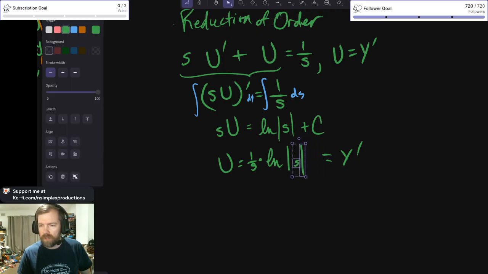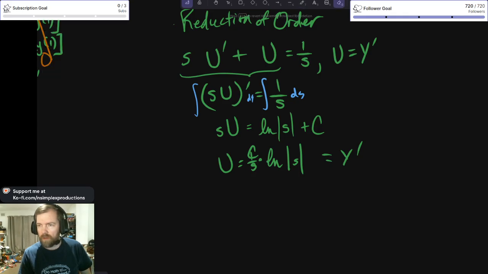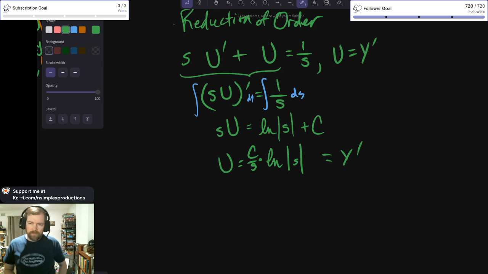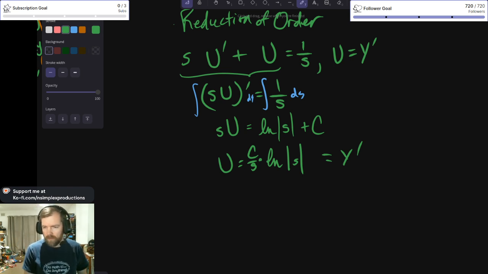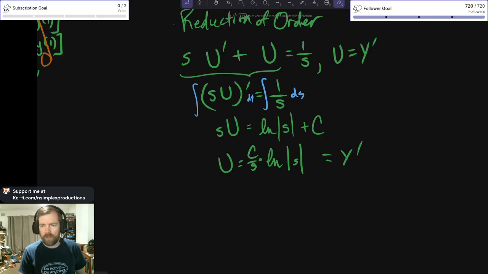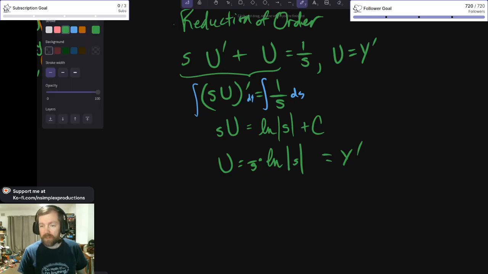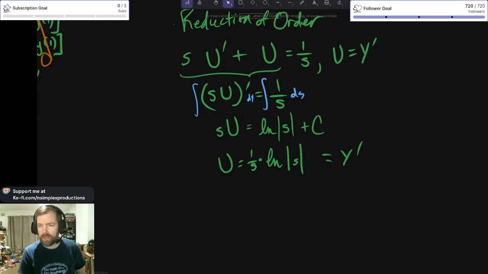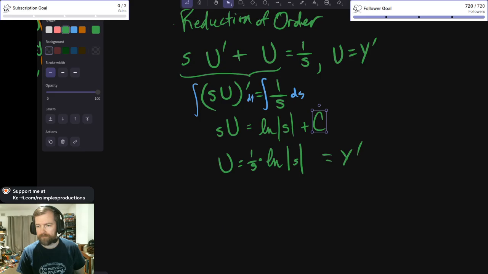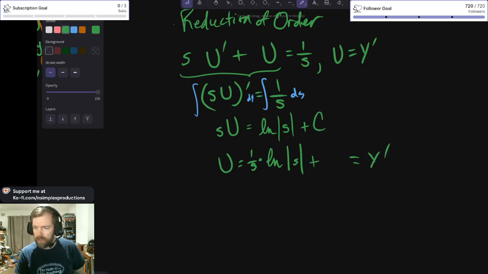Just have the constant be out over that one. Sorry. That's a 1. All right, then it's plus. Nope. That is why we select from the bottom. Plus C over s. Okay.